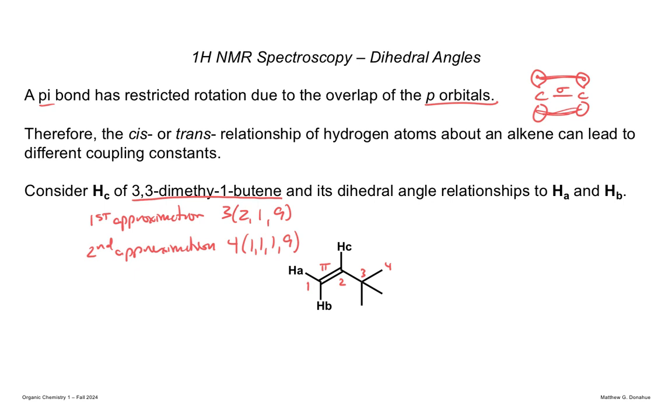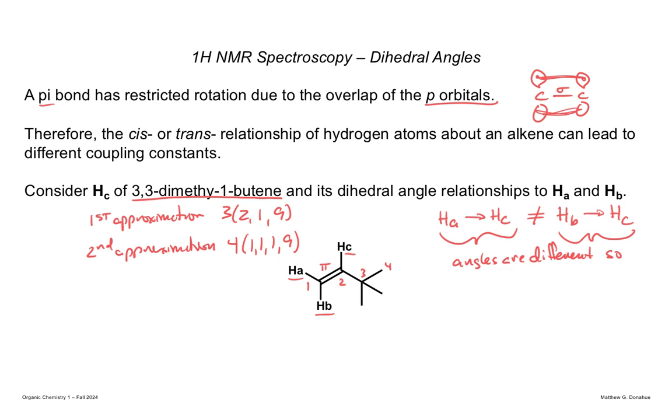And so we want to understand why HA and HB are different. And that's due to their angular relationship to HC. So HA to HC is not equal to HB to HC, which is telling you the angles are different. So the coupling is therefore different.